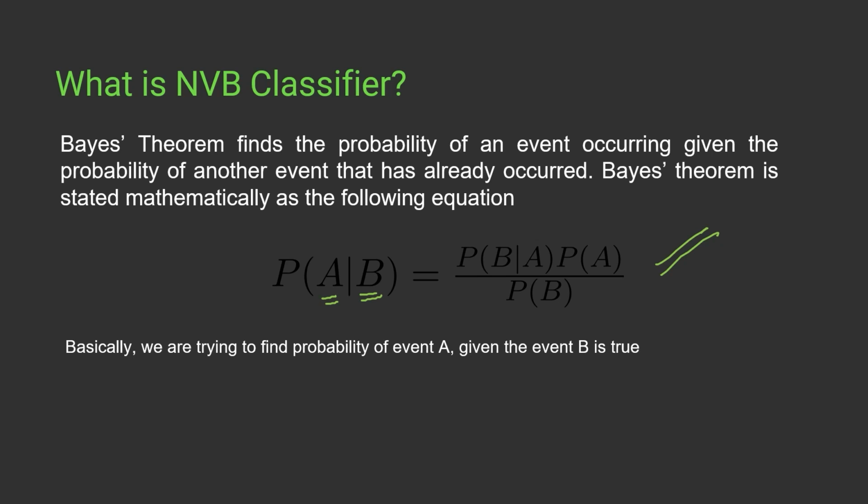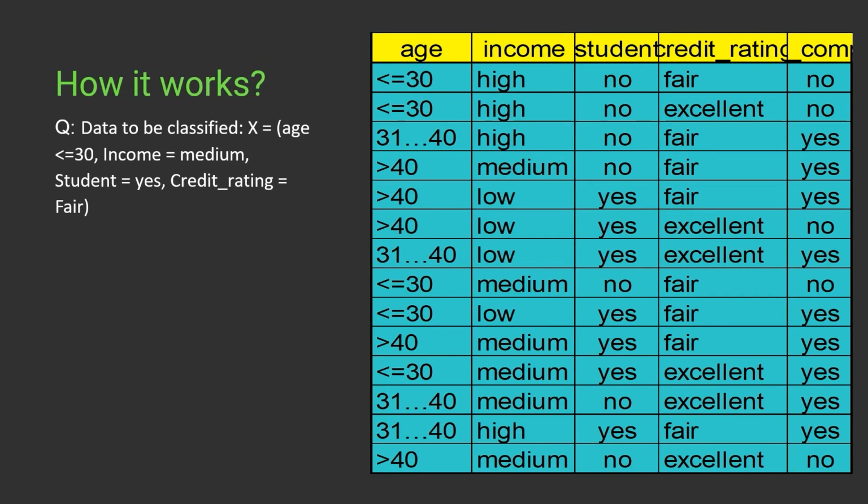So using this formula, we will predict on the data set and say that yes, this given data instance belongs to this class or not. So let's see how. Suppose we are given this data set, and in this data we have these parameters: age, income, student, credit rating, and we have to predict whether this person can buy a computer or not.